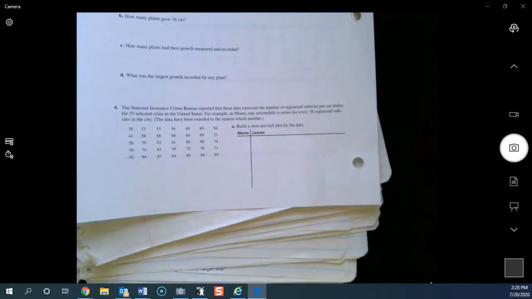Really what I want to do with this page, I'm trying to get you all to see what a histogram is. There's quite a bit of data here. I'm going to take the liberty of filling this data out. Give me just a second here. I want to make sure that we get all of this data together.